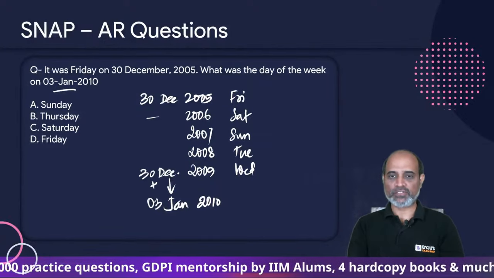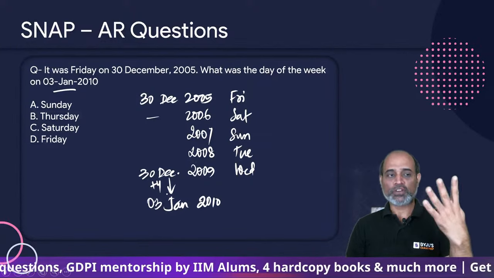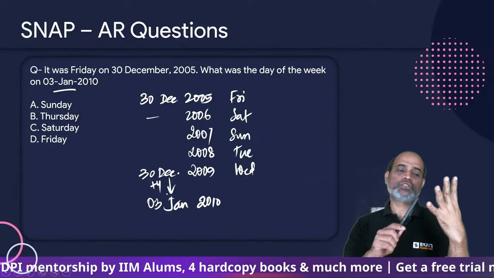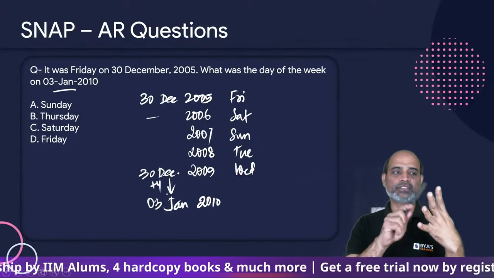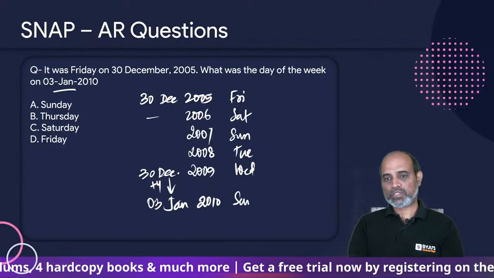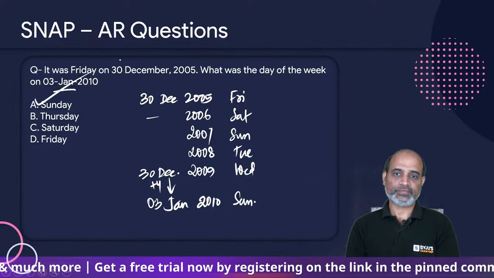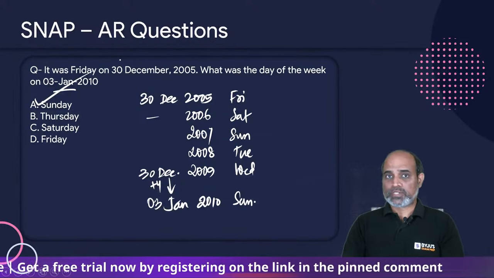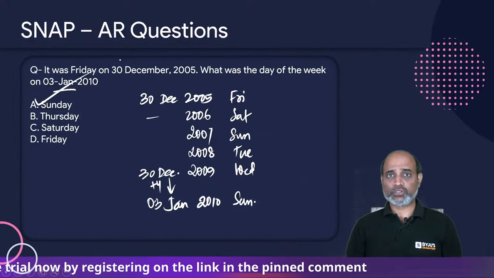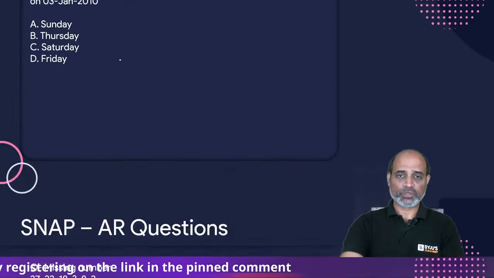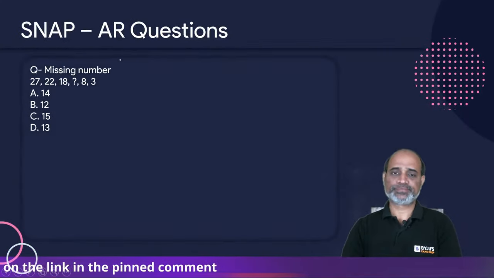So that's another 4 days ahead. If you're already at Wednesday, it's going to be Thursday, Friday, Saturday, Sunday. So you will end up on Sunday. Since the years were so close, there was no formula that we can apply. We can't apply any shortcut straight away.